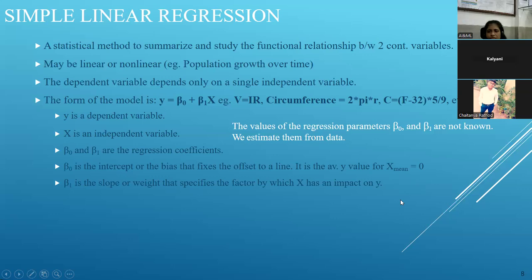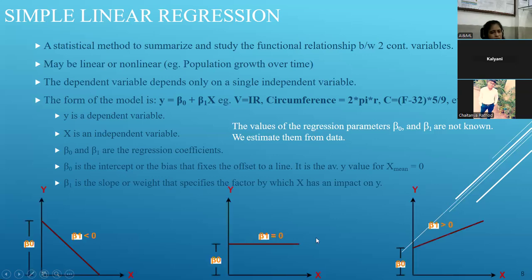So these are a few examples wherein beta 1 is a negative slope, beta 1 is 0 when the line is parallel to the x-axis, and beta 1 is greater than 0. And this intercept that is away from the origin becomes my beta 0 value.